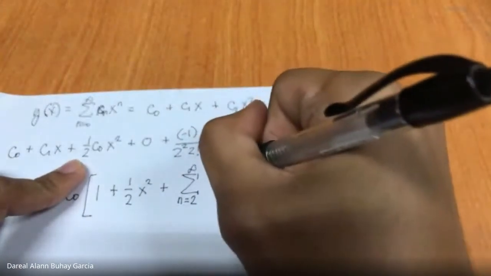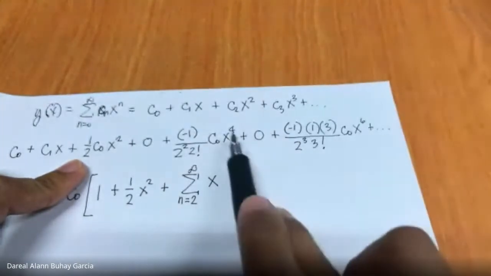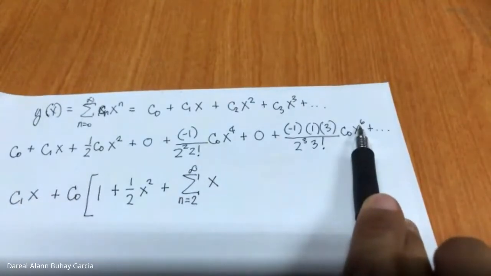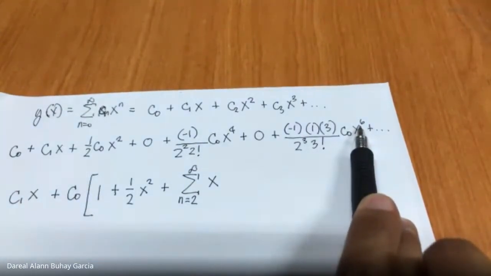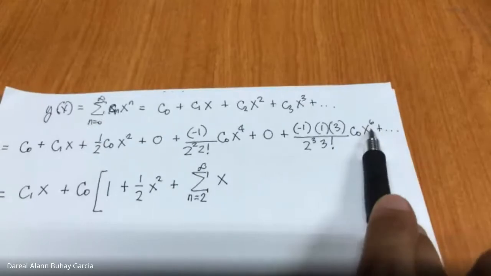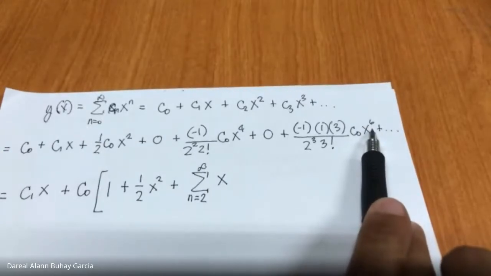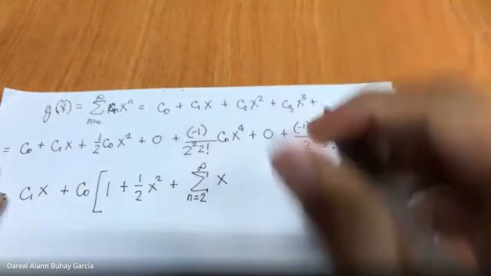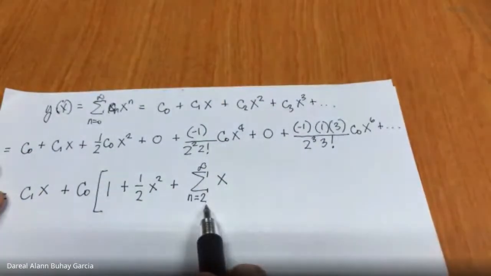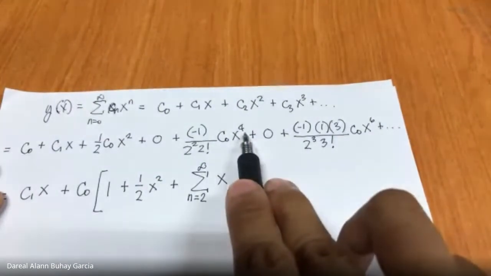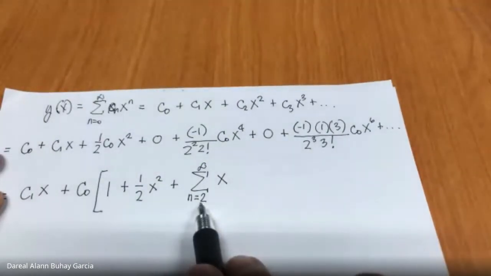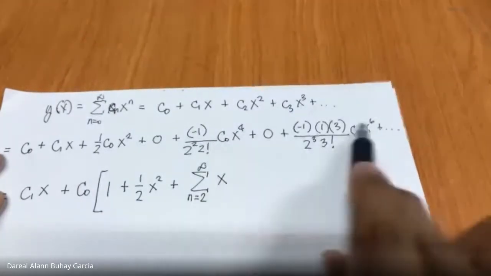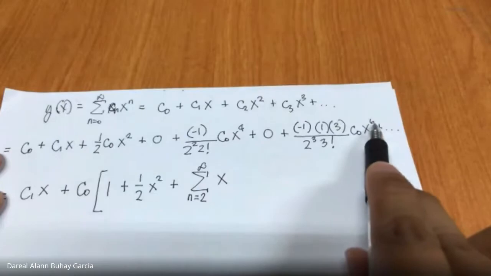The x is to the power of what? It starts at 4. Next is 6. Next is 8. Okay, very good. 2n, since we started at 2, and is 4. So when n is 3, x is raised to the power of 6.